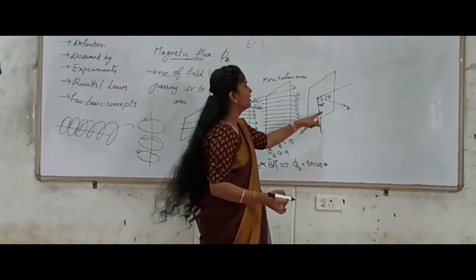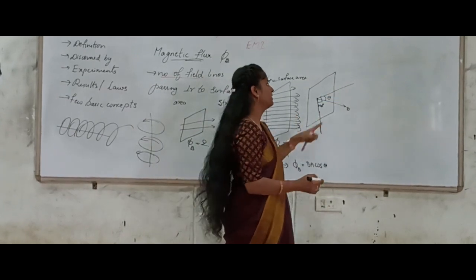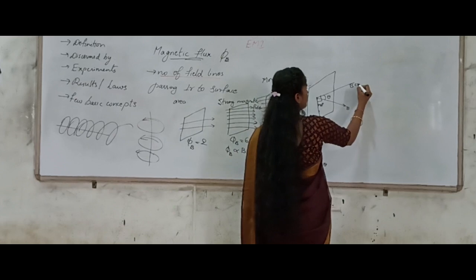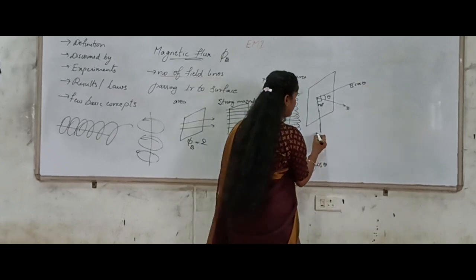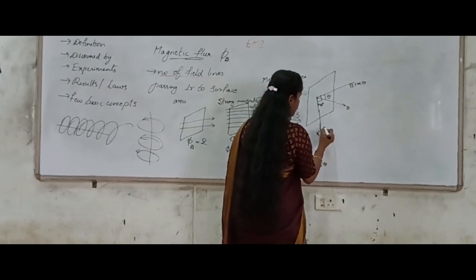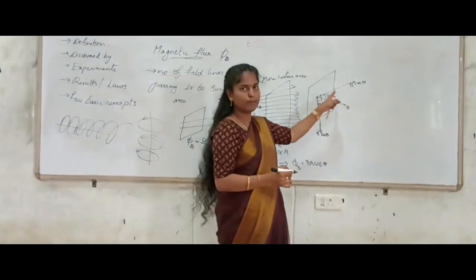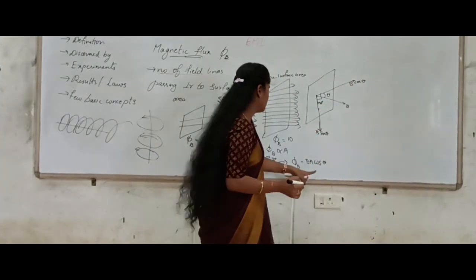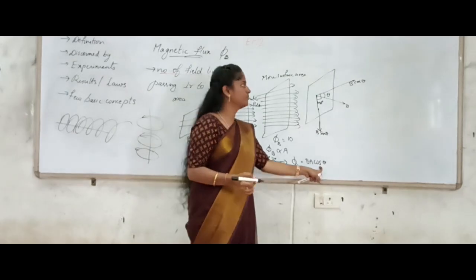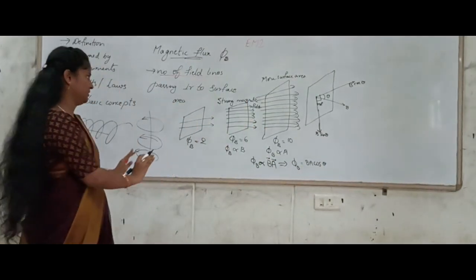Why cos theta? If the field makes some theta angle to the perpendicular line, this component will be B cos theta and this will be B sin theta. Here we are taking only perpendicular field lines, so we take B A cos theta. These are some basic concepts.